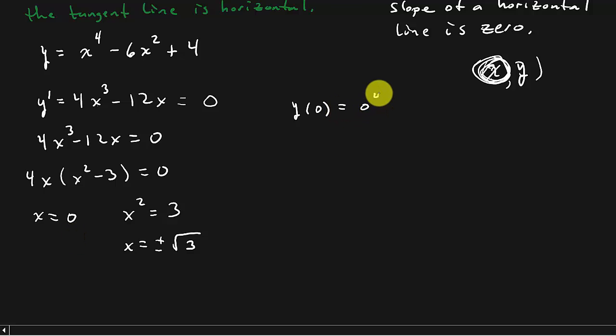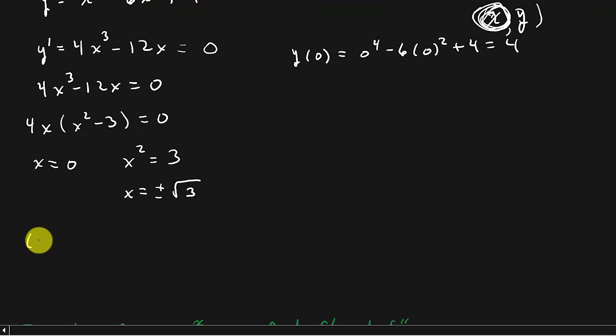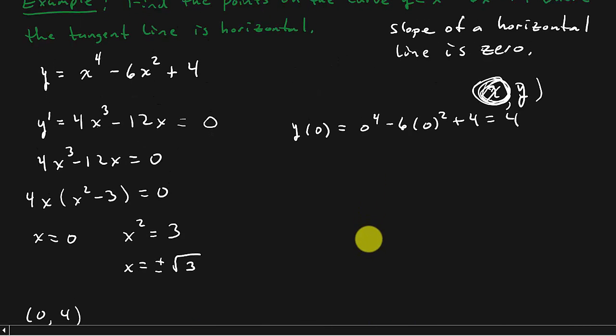That's going to be 0 to the 4th minus 6 times 0 squared plus 4 equals 4. And so at the point 0, 4, there's one point where the tangent line is horizontal. Because if we have the x value, we want to know the point, right? So we need the xy coordinate. So if I've got the x value, how do I find the y value? Well, I've got to plug the x value in to get the y value.